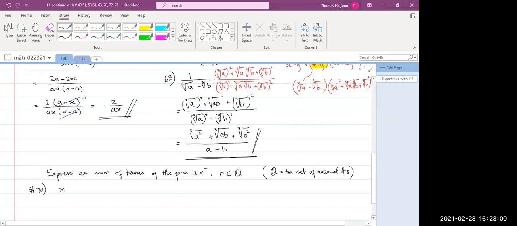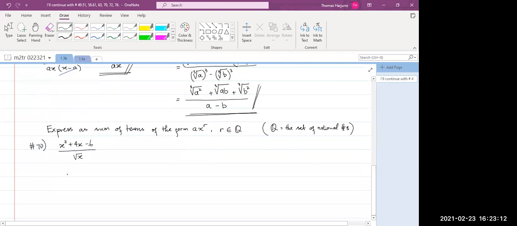We have x squared plus 4x minus 6 divided by square root of x. Now, basically, I will divide by square root of x. I don't like square root of x, especially because that's a square root at the bottom, right? Okay, so let's separate them, and I will rewrite that square root of x as x to the 1/2.